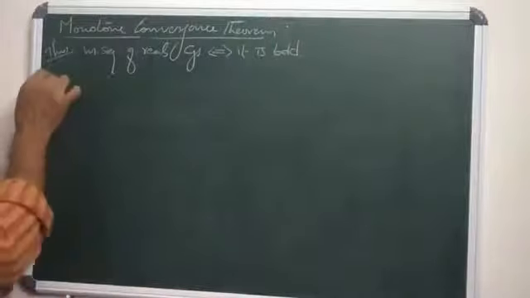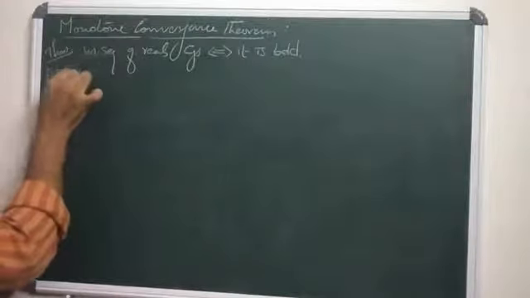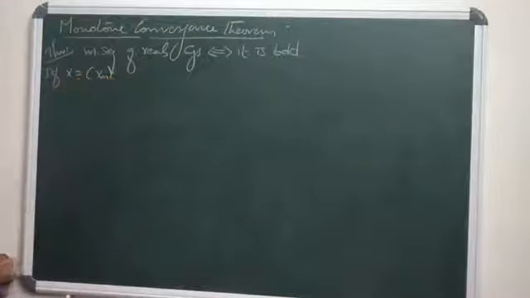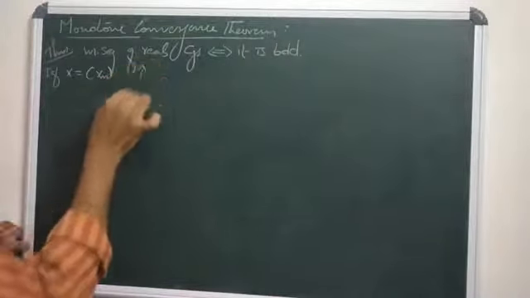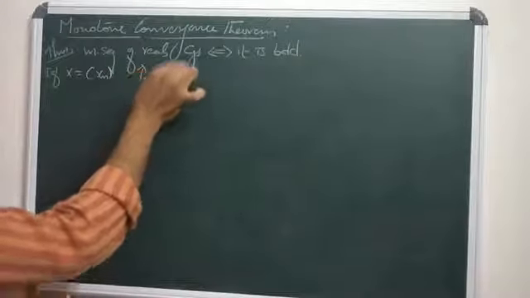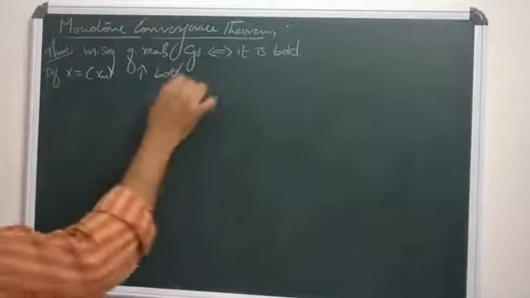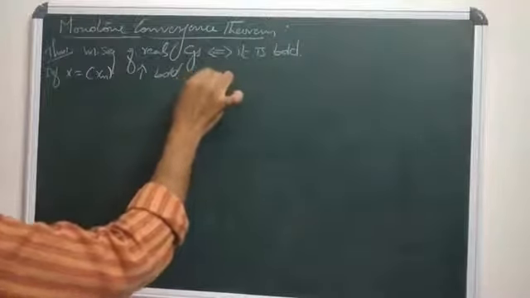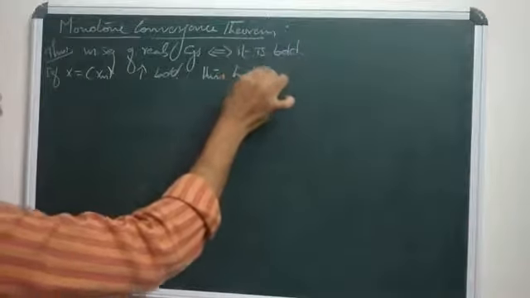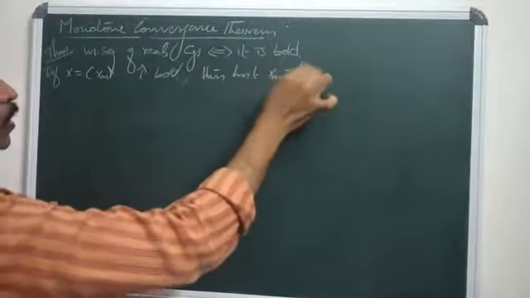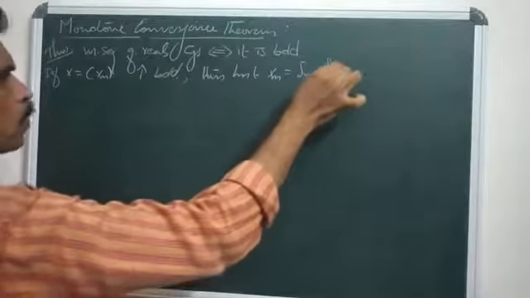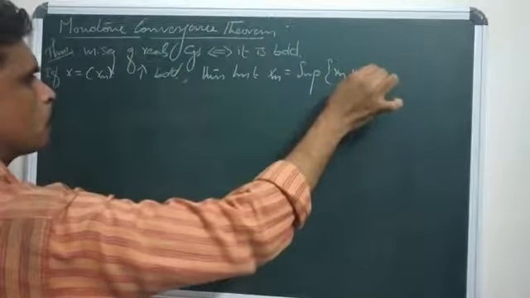Further, if x equals (xn) is an increasing sequence and bounded, then the limit of xn equals the supremum of xn, where n falls in the natural numbers.